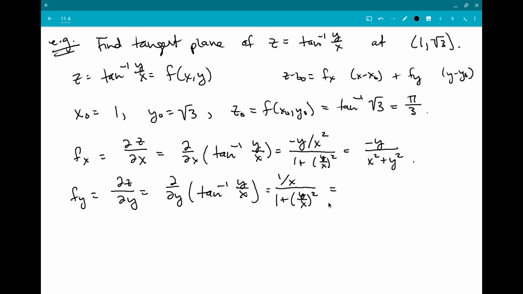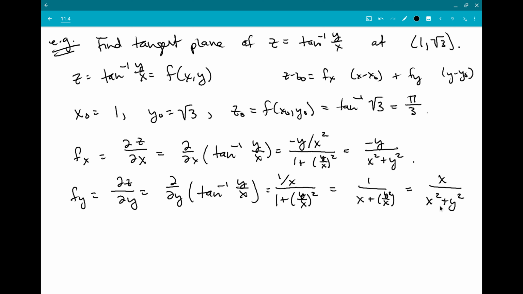So it's 1 over x times 1 over 1 plus y squared over x squared, times another x will give me x on top, and then x squared plus y squared on the bottom.